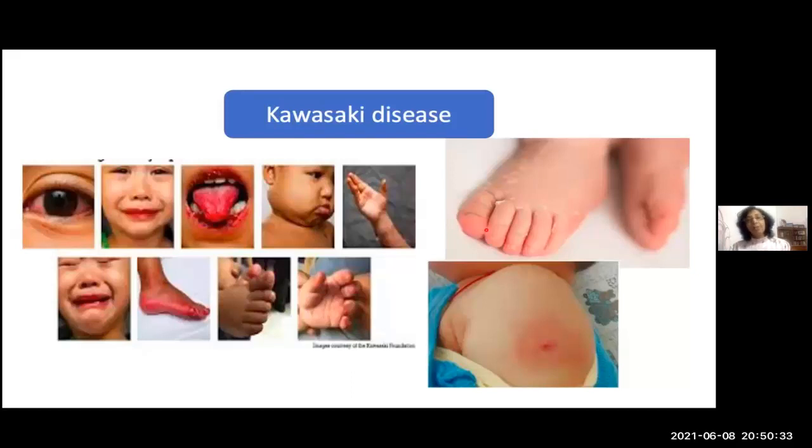You can treat them and you can prevent the complications, right? So it's very important that you know about this condition, which is exclusively in pediatrics. Okay, right. So now we have gone through an array of acute febrile infections with skin manifestations.